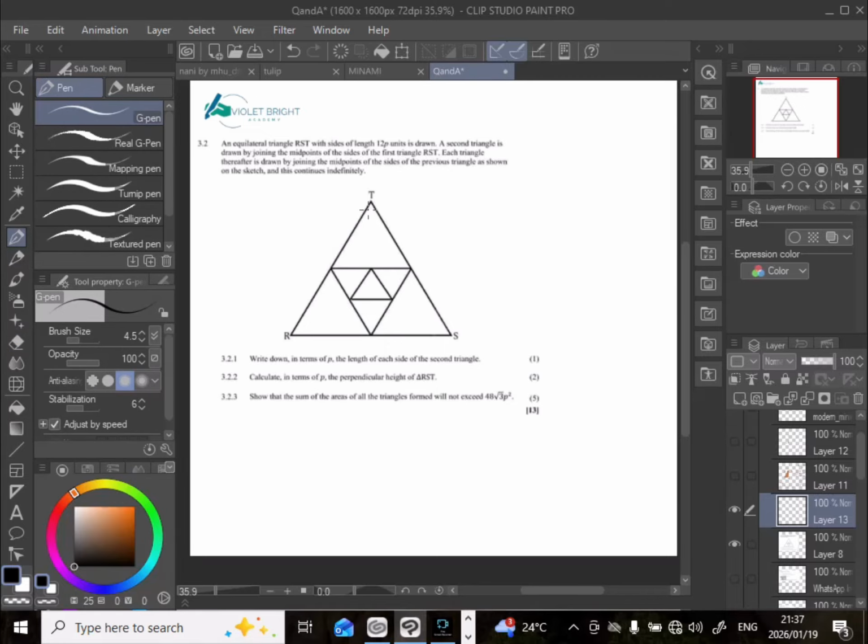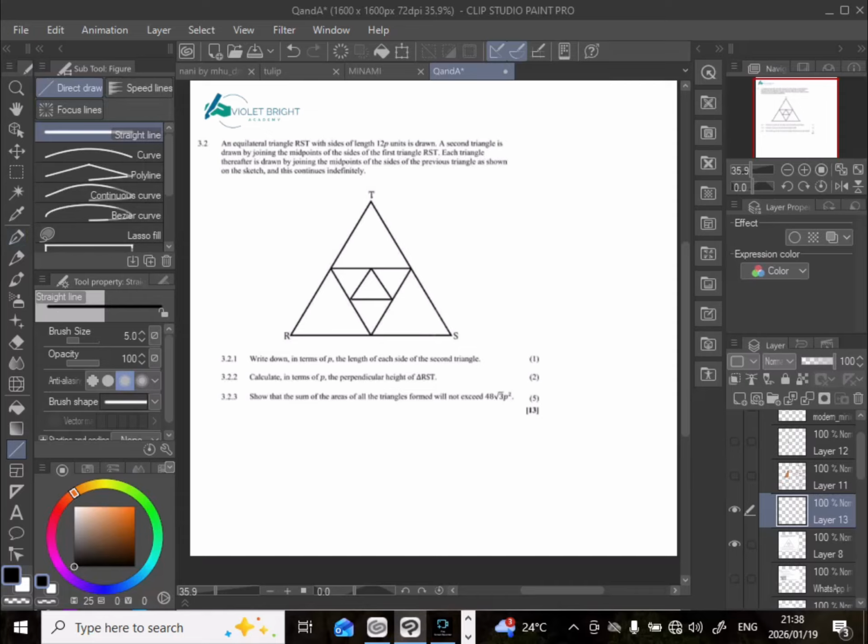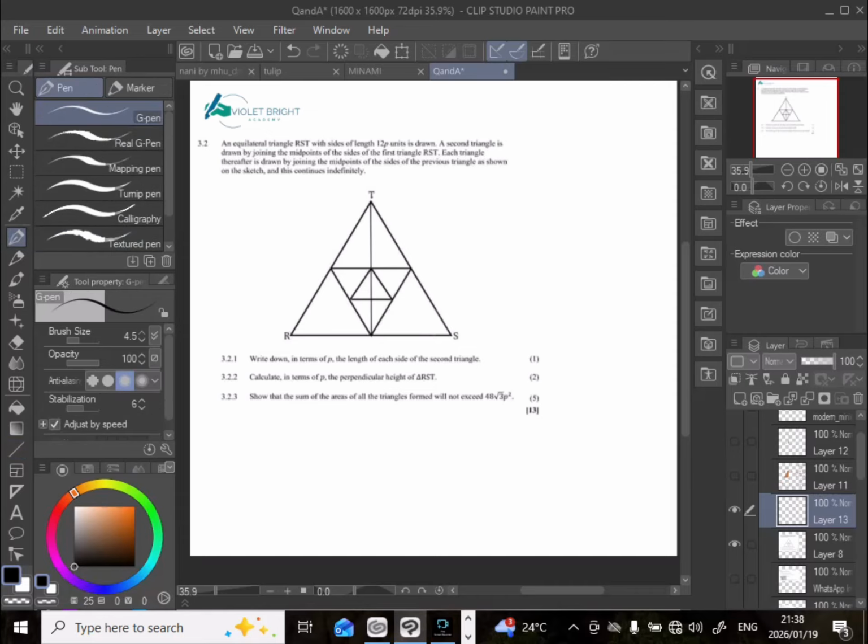So remember, here we have y squared equals, remember it was 12p squared here on the side, and here it was 6p, so minus 6p all squared.